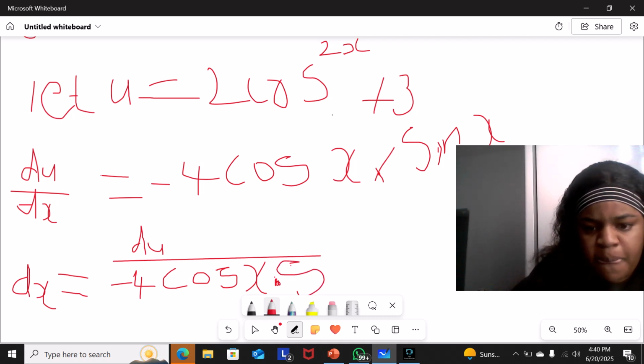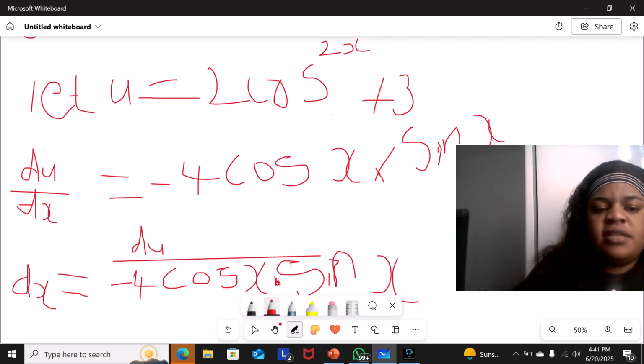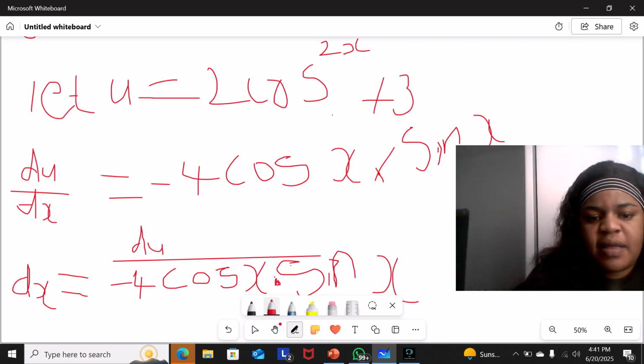This is my du, which is minus 4 cos x times sine x, and then I substituted it here.